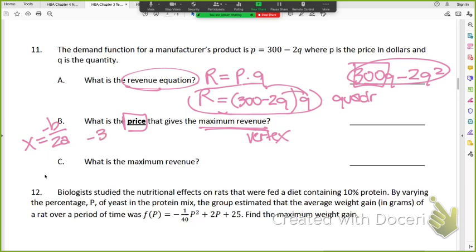So that would be negative 300 over 2 times a, where a is the number in front of the squared term. So that's 300 divided by 4, 75. So the price that gives the maximum revenue is 75.